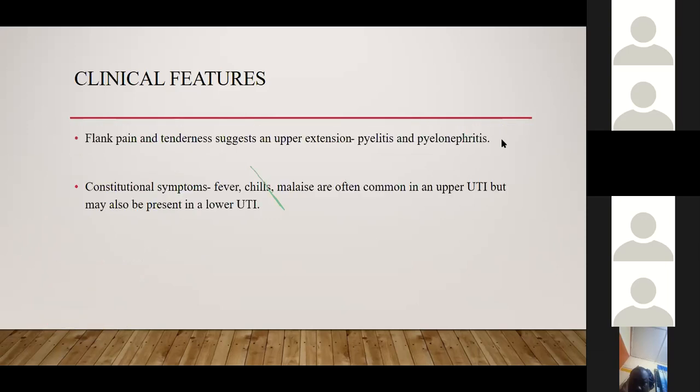So once you have flank pain and then you examine, you touch, and it's very tender, or you try to hit the back of the loins, okay, you're trying to elicit renal angle tenderness.